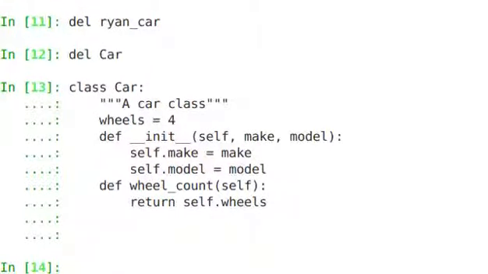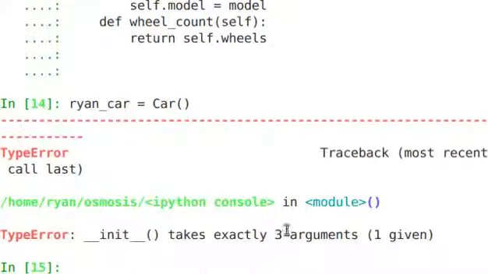Okay, so now when I create a car, Ryan car, I'm going to get a failure here. __init__ takes exactly 3 arguments, 1 given. So what does this mean?